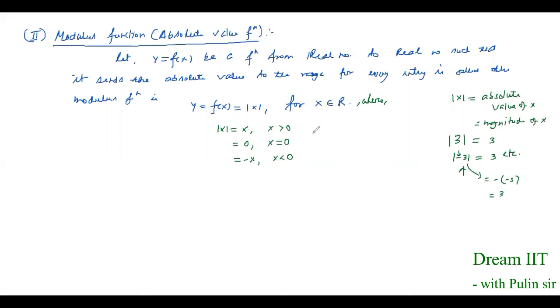So now, what I explained, you can identify here that if x is input, it is output, and this output is always positive or else zero, right?